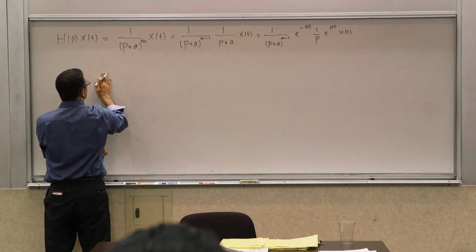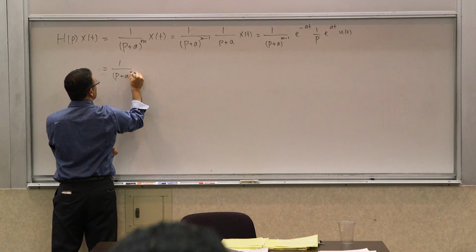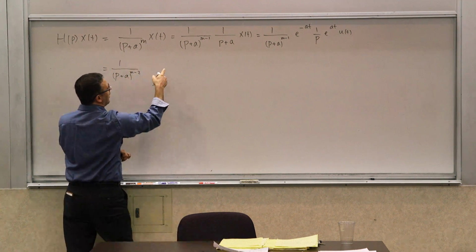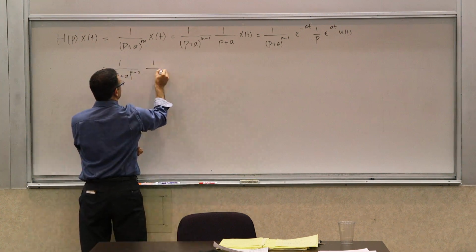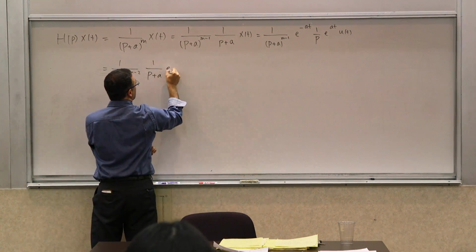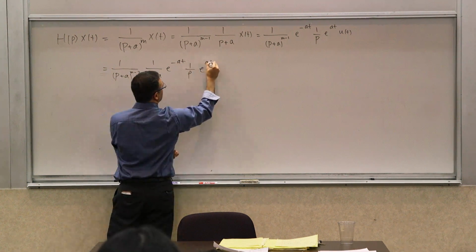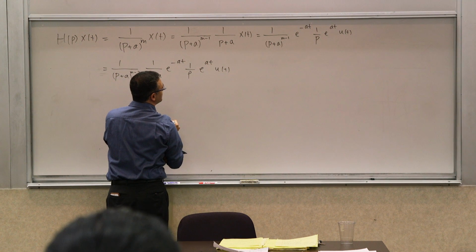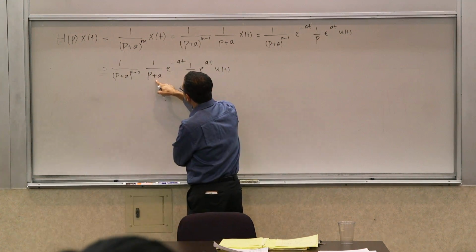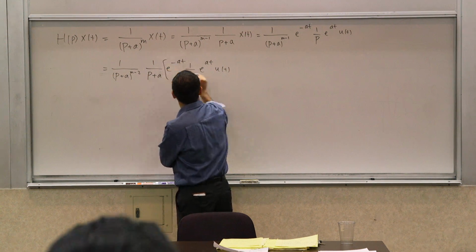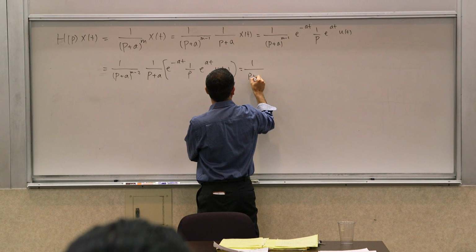Now if I apply the next one, take one more of these and apply, what do I get? I get 1 over p plus a to the m minus 2 operating on 1 over p plus a operating on e to the negative at, 1 over p, e to the at, x of t. And what is this when I operate it on this? Let's expand it.